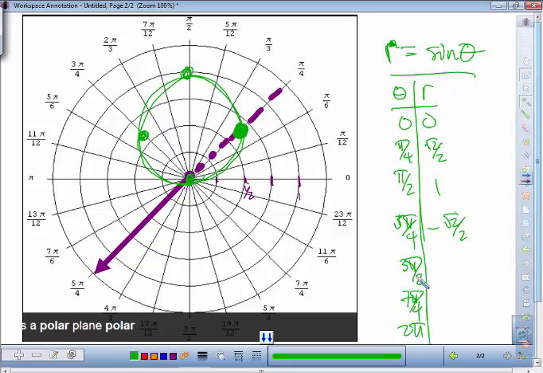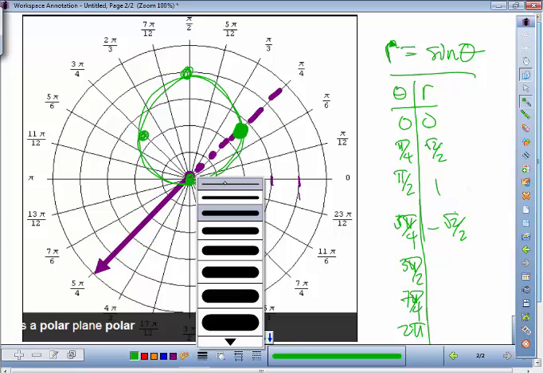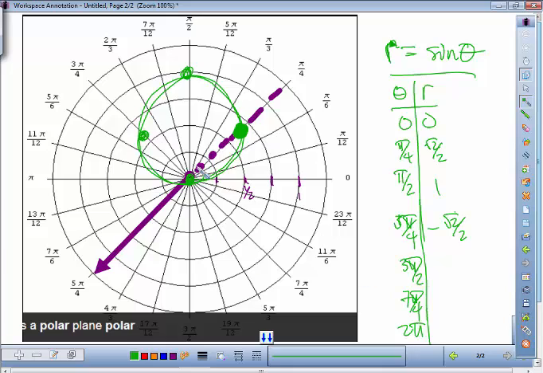So when this is at 3 pi over 2, it's pointing down, it's going negative 1. So that's directly that point over here. And then negative root 2 over 2 again.